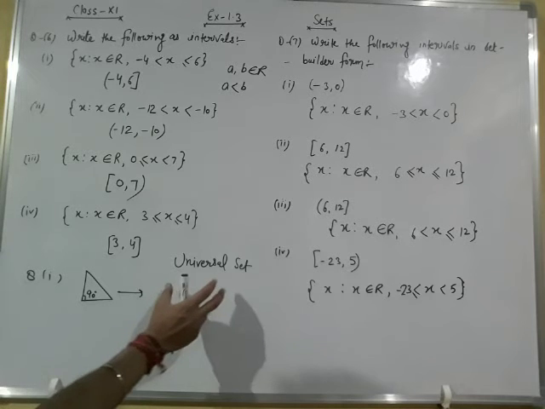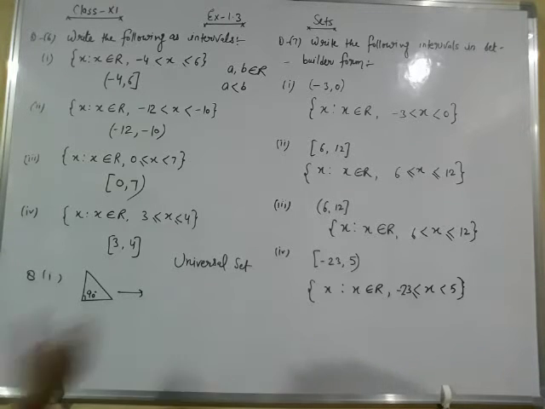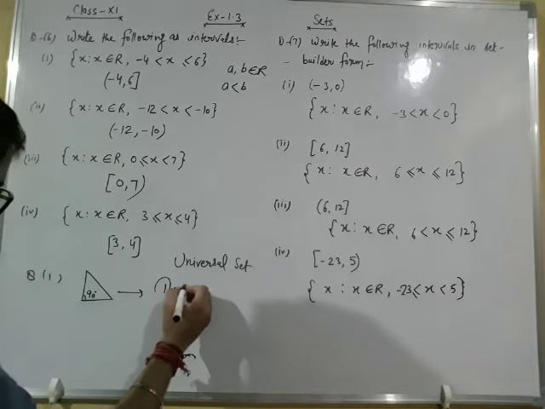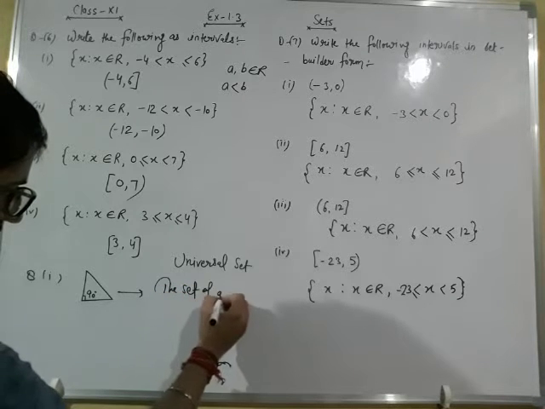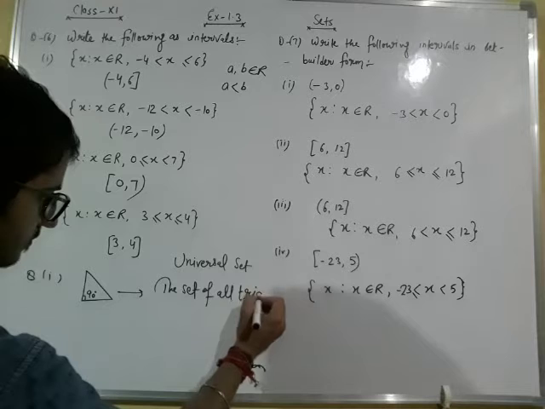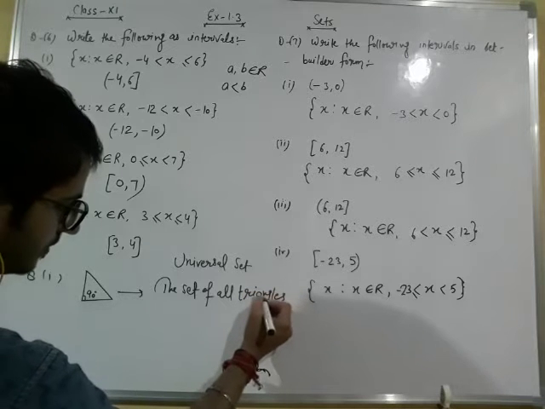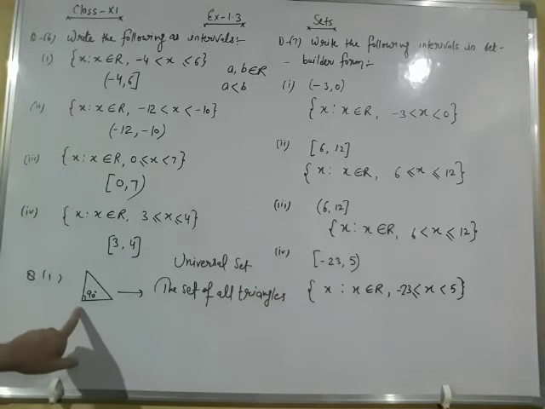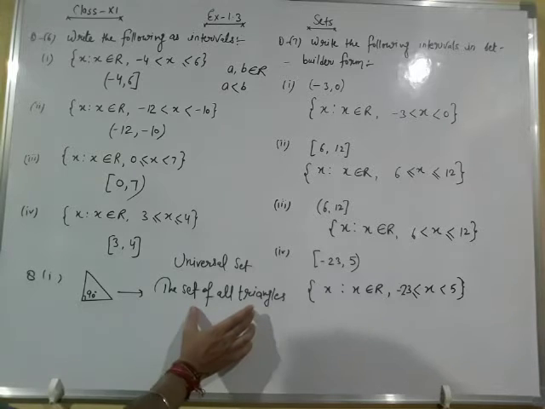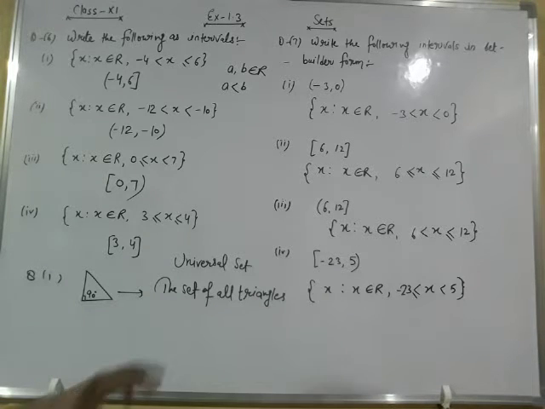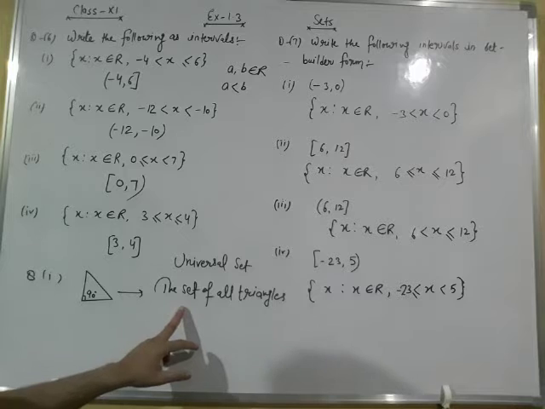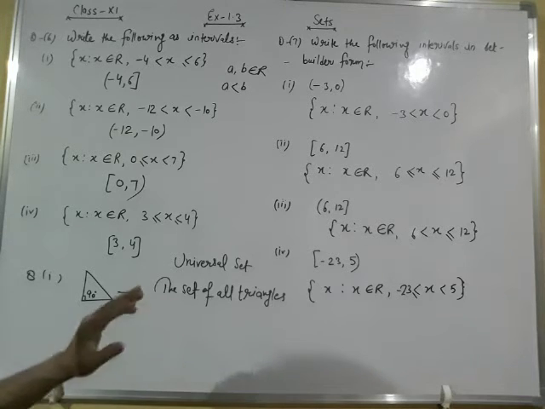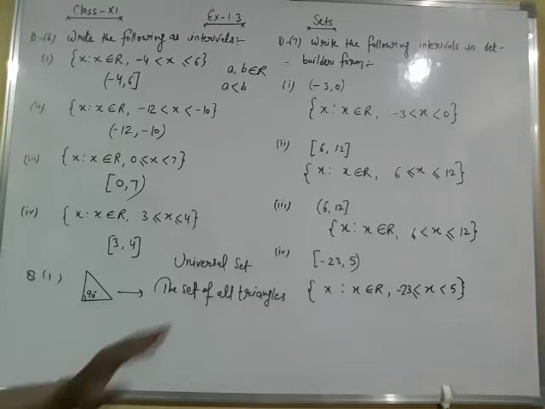So if I write here the set of all triangles, then the set of all right triangles will be a subset of the set of all triangles, because in the set of all triangles we have scalene triangle, isosceles triangle, and equilateral triangle, as well as acute, right, and obtuse triangles.